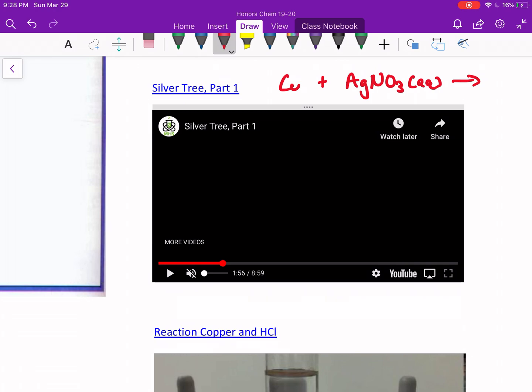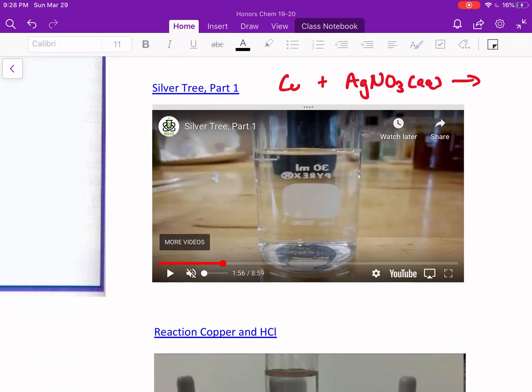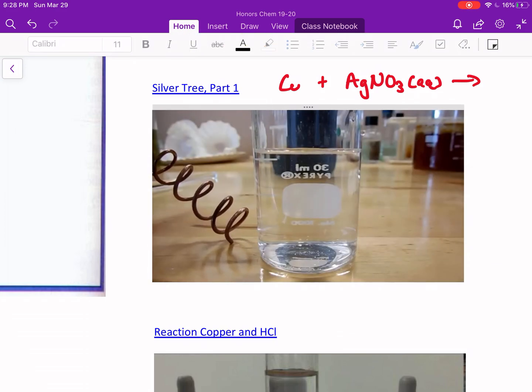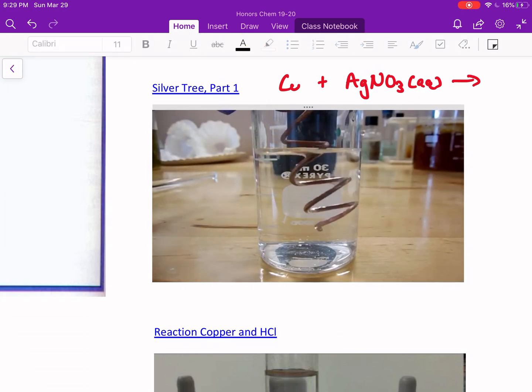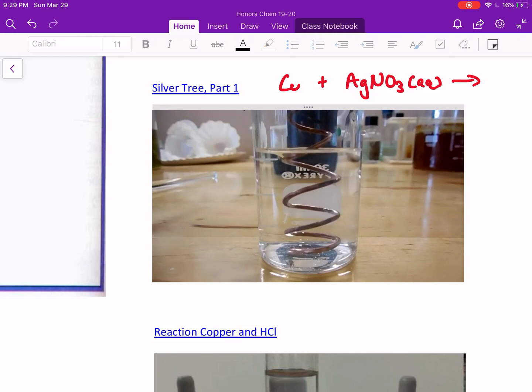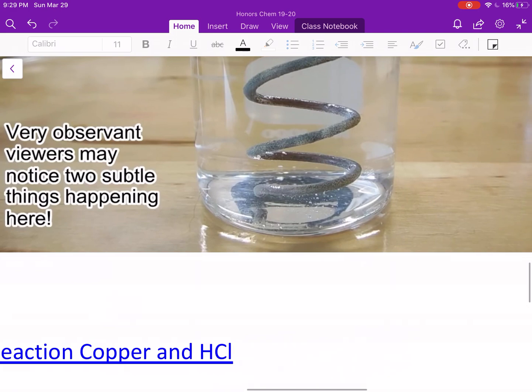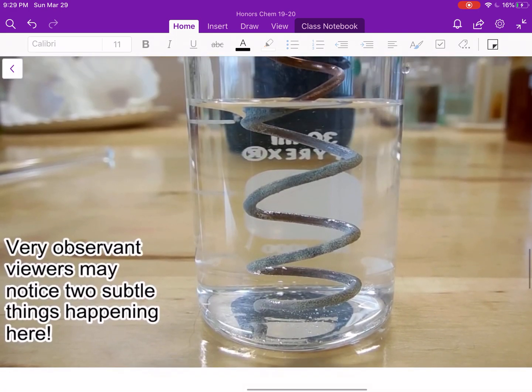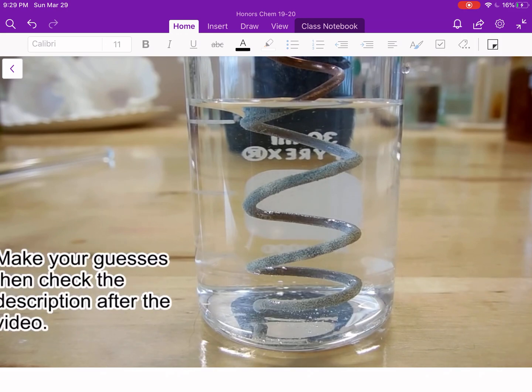So here's our silver nitrate. Here goes the copper in there. And really, it just doesn't look like anything's going on. But if we speed up the video, what we're going to start noticing is that the copper starts to change a little bit.